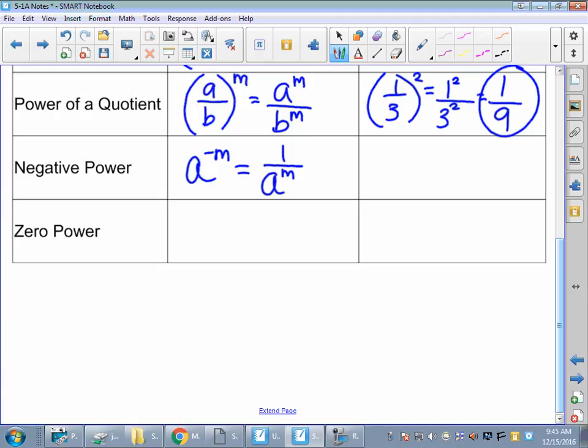Now, I want to mention that if it's negative and it's in a denominator, it just flips up to the top to be positive. So to show you this, x to the negative 5th power is equal to 1 over x to the 5th. So it flips and turns positive.